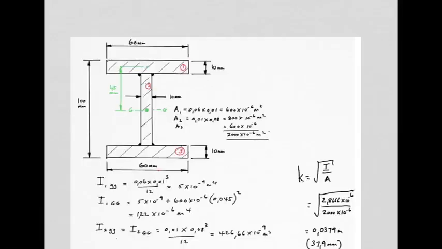So first things first, we need to break up the shape into known shapes, and quite clearly there are three rectangles, and I've chosen to break it up into that rectangle, this one here, and another one at the bottom. 1, 2, and 3. So there are the areas of each of those rectangles, and then we've summed them to get a total area.